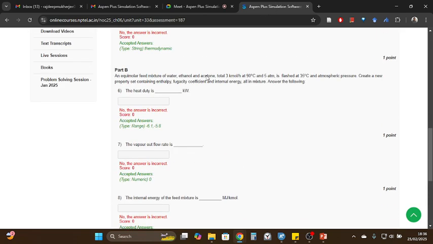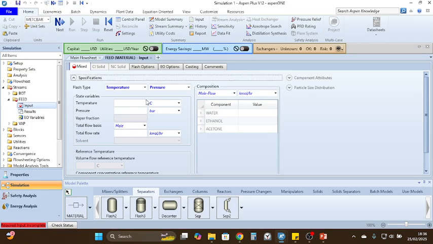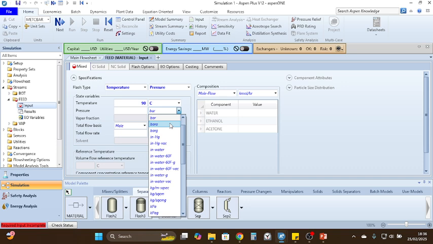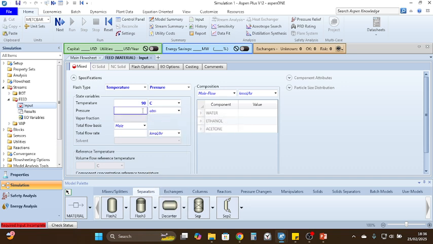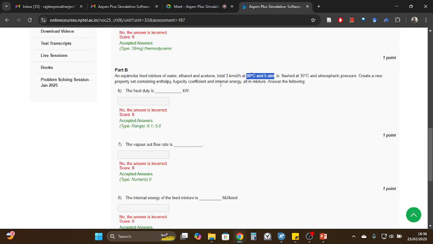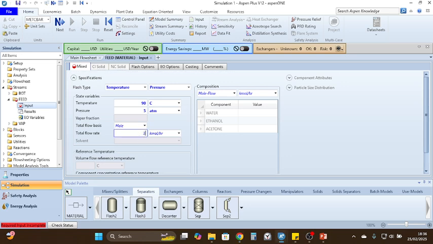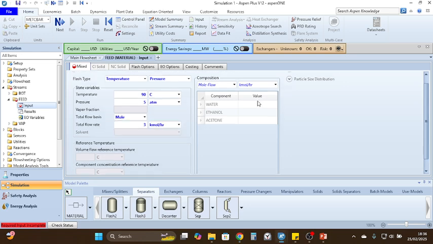The feed stream is coming at a temperature of 90 degrees Celsius and 5 atmosphere. So over here this is 90 and this is 5 atmosphere, and the mole flow is equimolar. It is set at 3 kilomole per hour, and since it is equimolar, 1 kilomole per hour each.